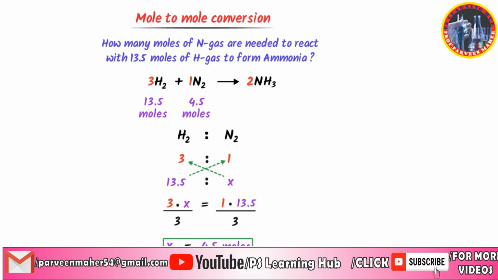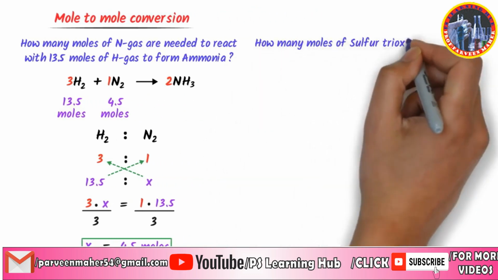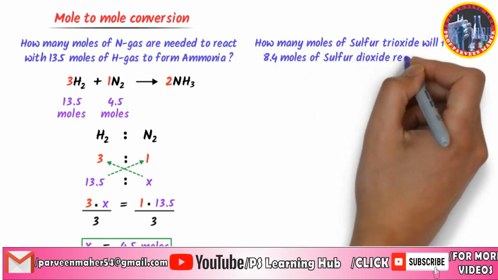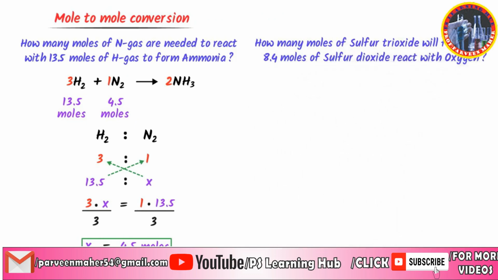Secondly, consider this problem. How many moles of sulfur trioxide will form when 8.5 moles of sulfur dioxide react with oxygen? Firstly, I write the balanced chemical reaction. According to the given statement, sulfur dioxide plus oxygen gas react together to form sulfur trioxide.